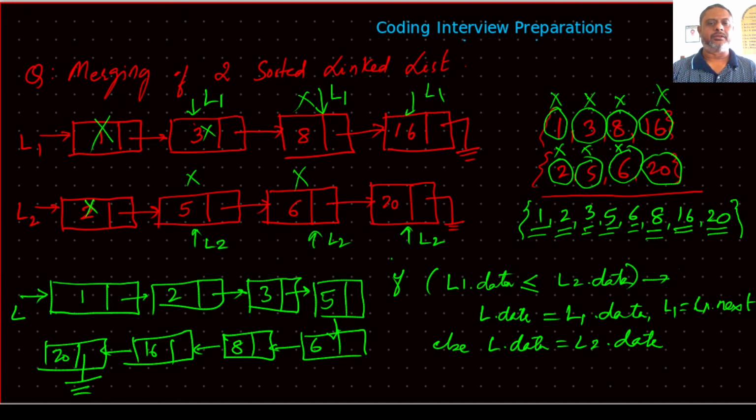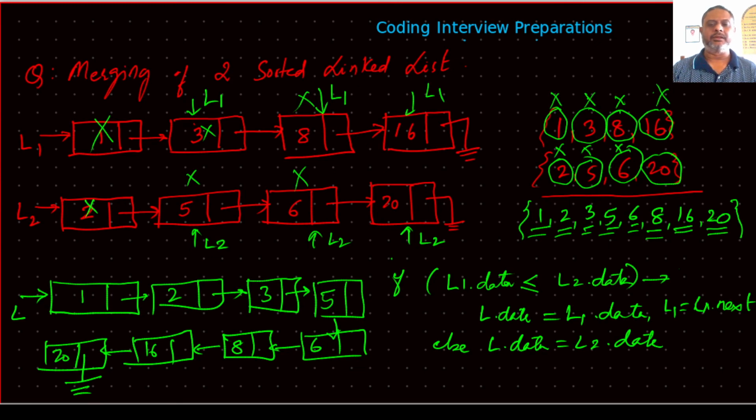At some point there won't be anything left in L1 or L2. We have taken an example of equal lists, so it may not be true all the time. L2 may be a bigger one, and may have five more elements. In that case, once 16 is written here, there is nothing left to compare. So L1 becomes null. If L1 is null, then just connect whatever is left of L2 to our list.